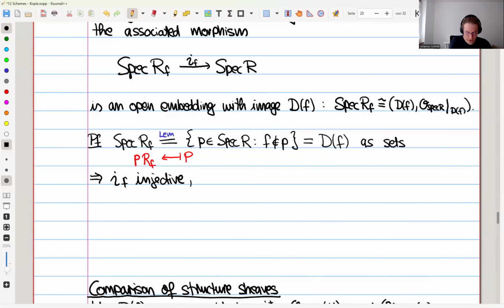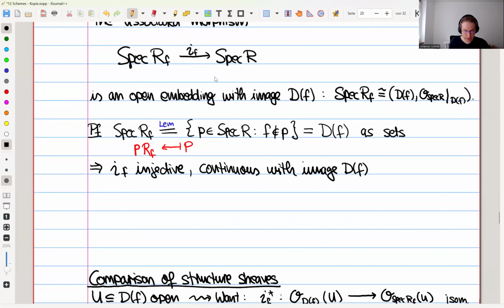Of course, we also know this is a morphism of locally ringed spaces, so it's also continuous. And the image is exactly D(F), because if you check it, this abstract bijection is exactly this map i_F above. And so we already know it's injective and continuous. So to show that it's an open embedding, we now show that the inverse map is also continuous.